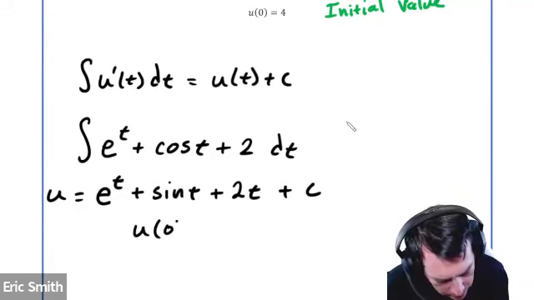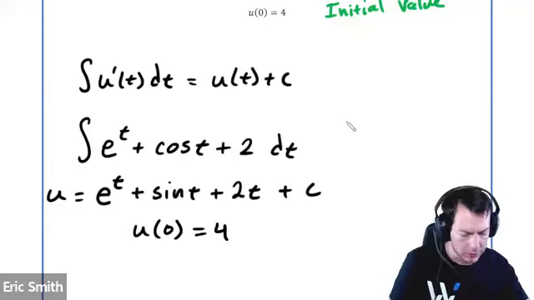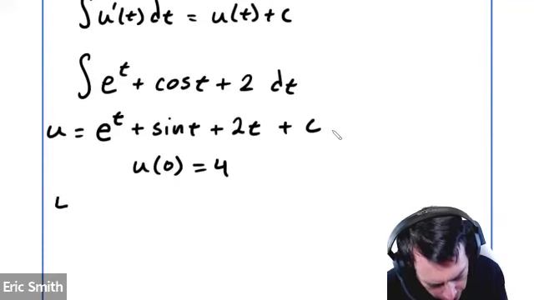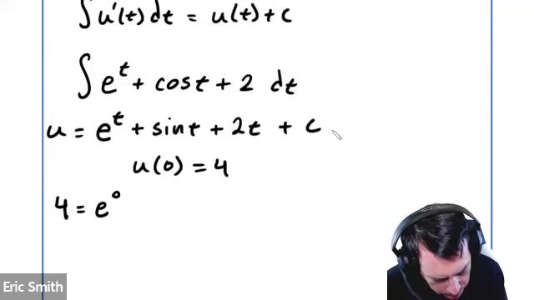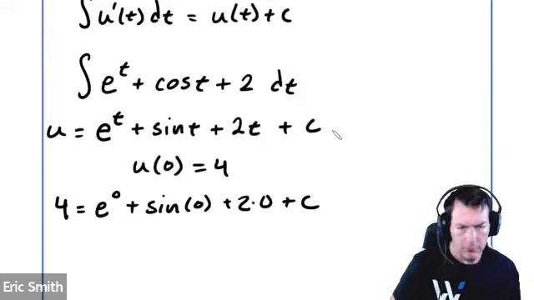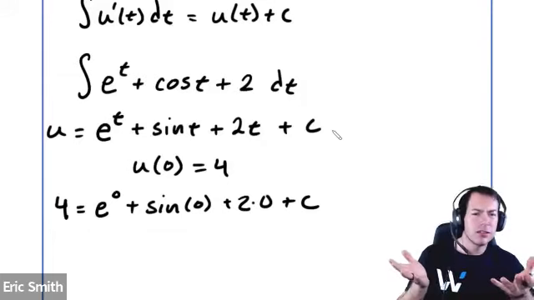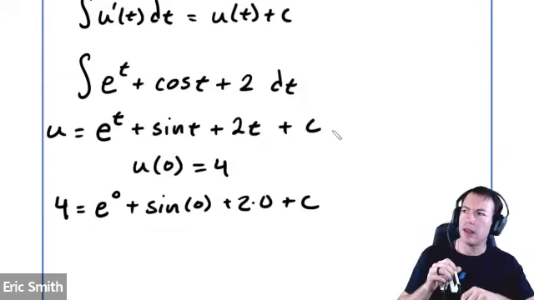So at 0, if t is equal to 0, this entire thing should equal 4. So I need it to equal 4. And let's go ahead and drop in a whole bunch of zeros for every single one of those t's. So really, the only thing we don't know in this differential equation is that unknown constant on the end.